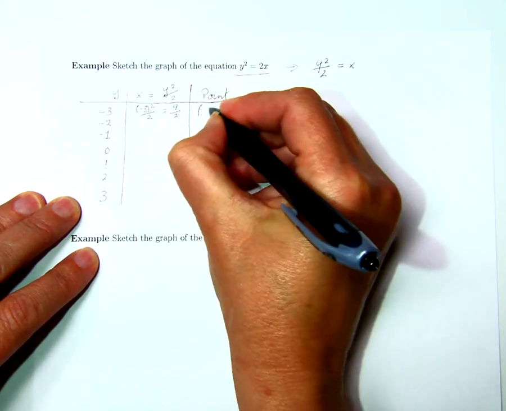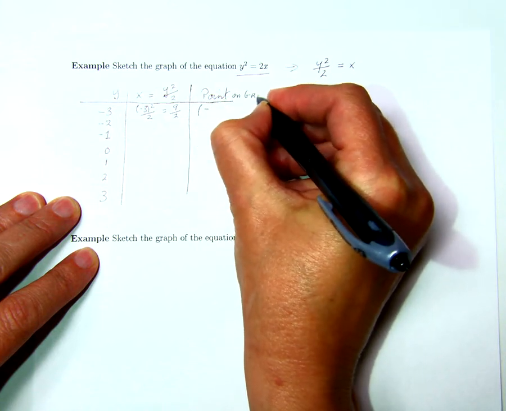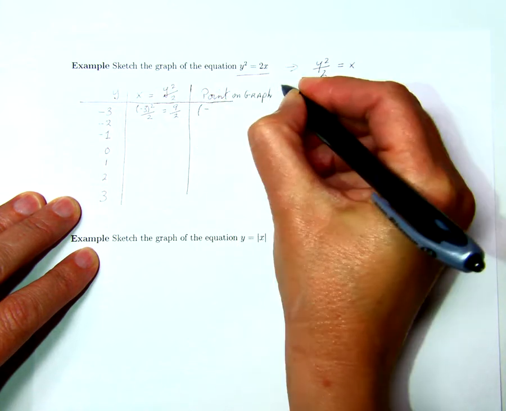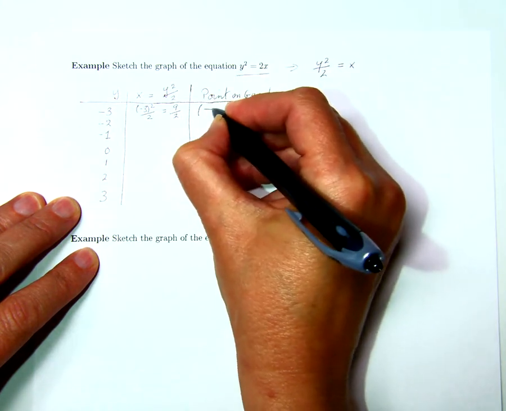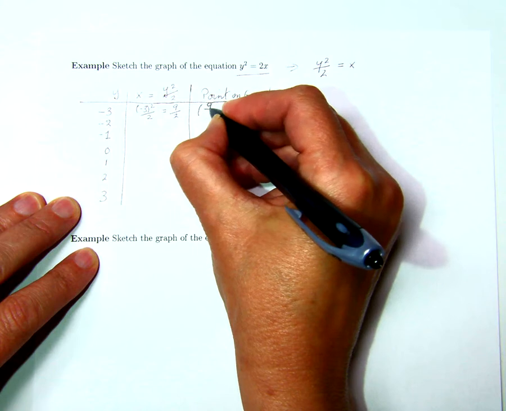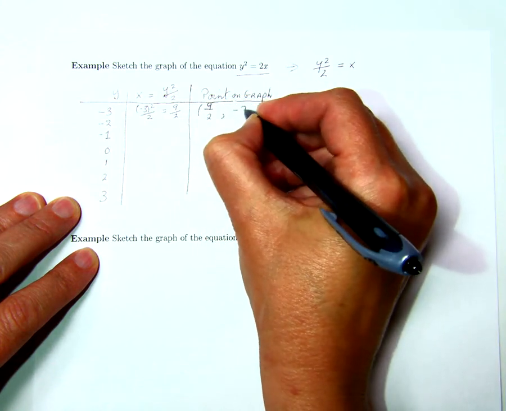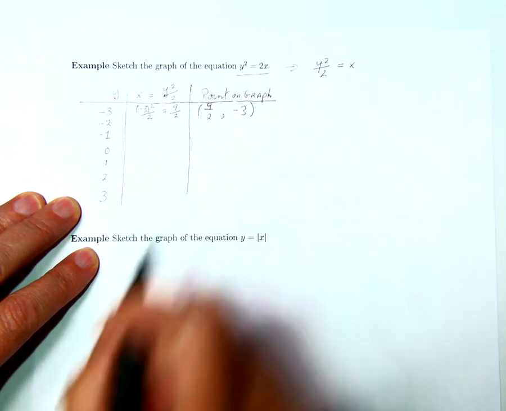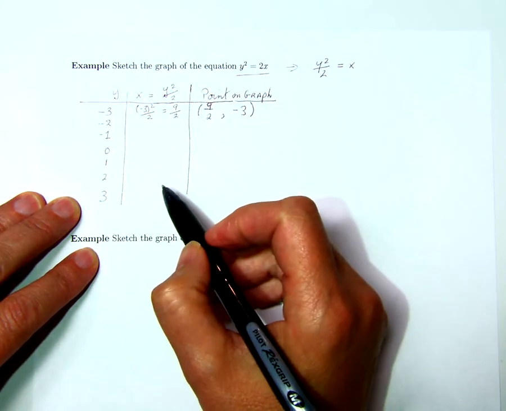And we have our corresponding point on the graph here. We have to be careful here which is the x and which is the y. When y is minus 3, x has to be 9 over 2.